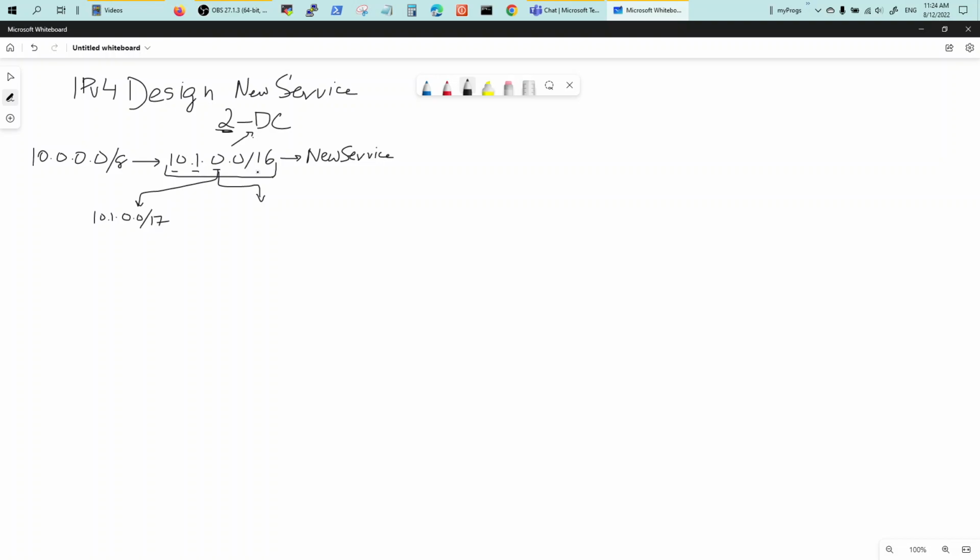We're taking a /16, taking the first bit of this third octet, therefore /17, and the first subnet is 0, the second one is going to be 128.0/17.